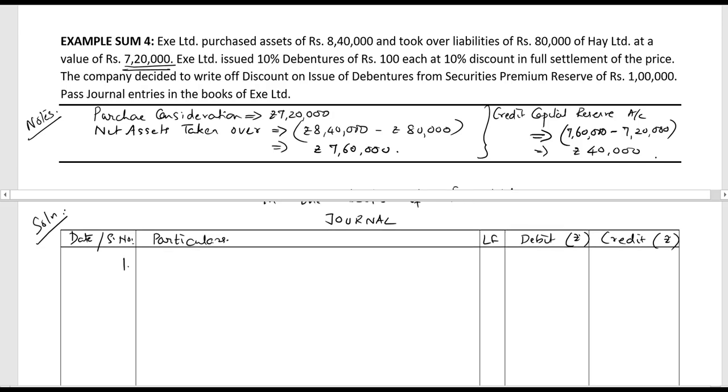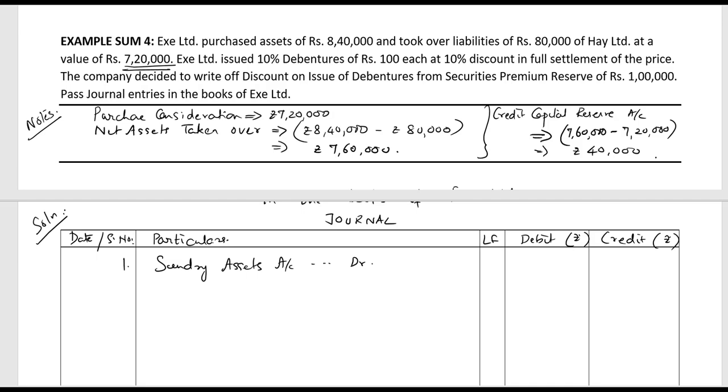The first entry is for the assets and liabilities taken over. Sundry assets account debit. The assets taken over is 8,40,000 rupees. To sundry liabilities account.